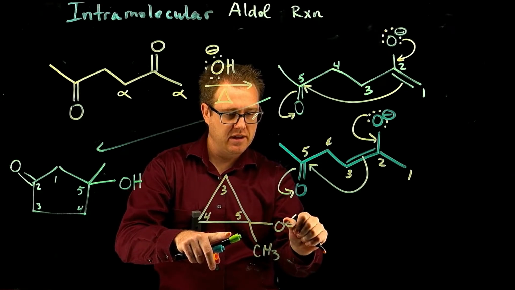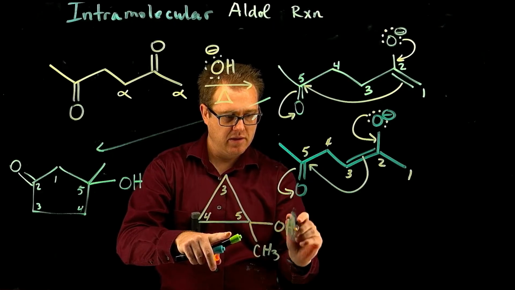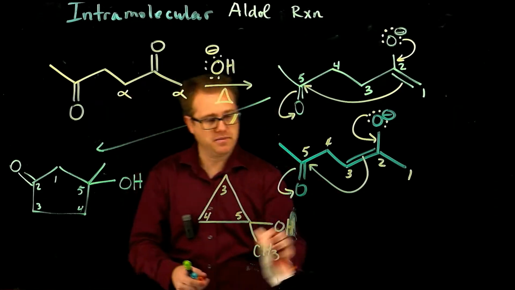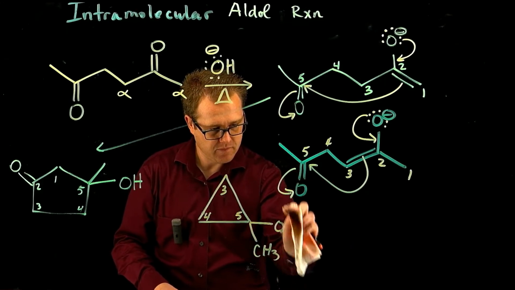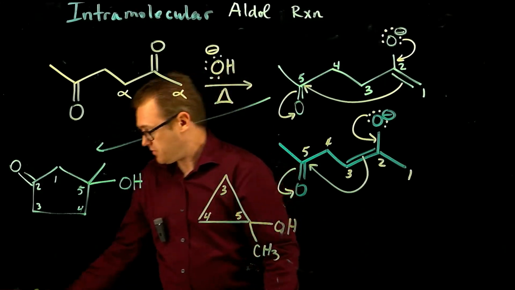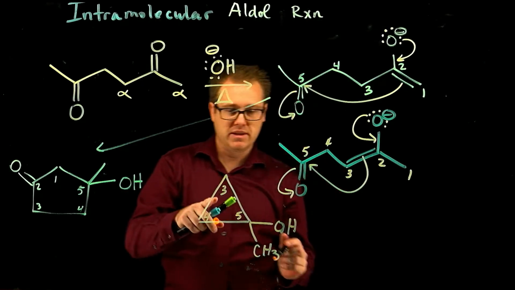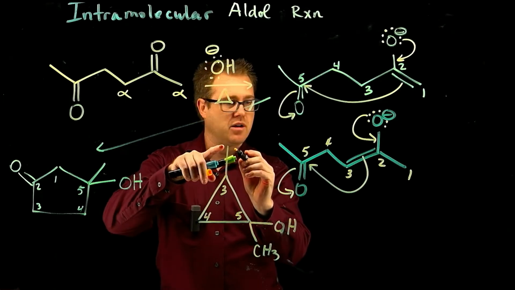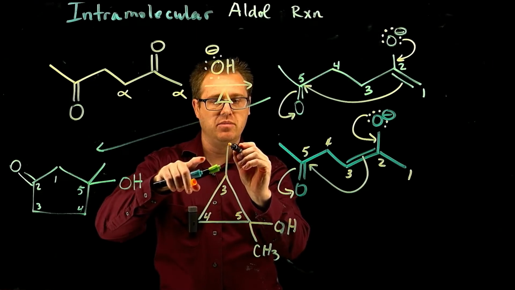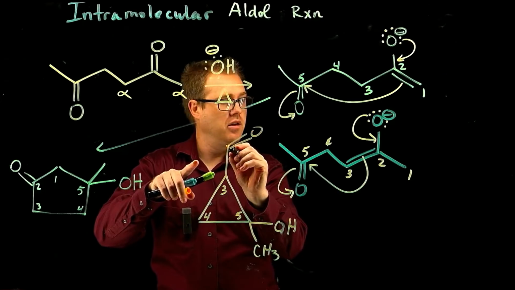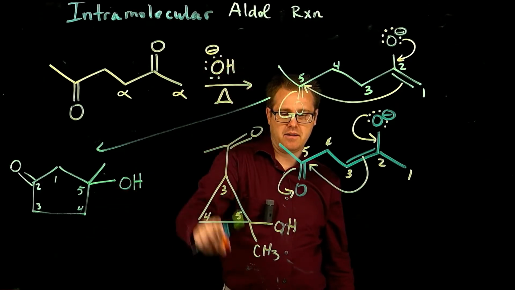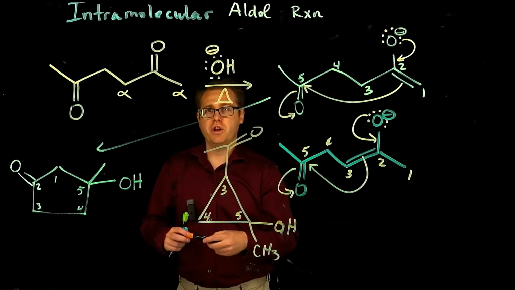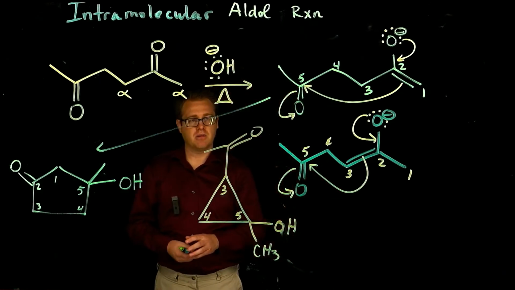We do a proton transfer, and that will turn into an alcohol, right? Can't see that very well, can you? Okay, what's attached to carbon 3? Well, we have carbon 2. That's carbon 2, and then attached to carbon 2 would be a thing like that.